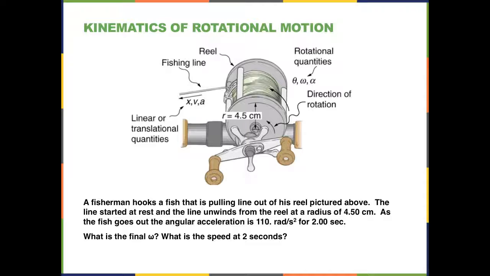Now I know as line goes out, the radius will change, but we're going to neglect that change in radius. As the fish goes out, there is an angular acceleration of 110 radians per second squared for 2 seconds. So he starts at rest. What is the final angular velocity, and what is the speed at 2 seconds?